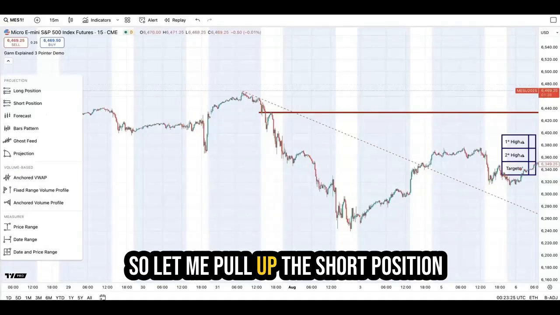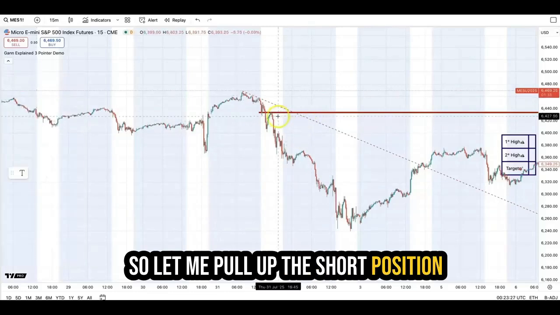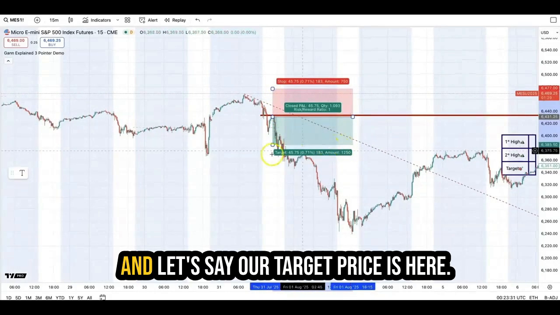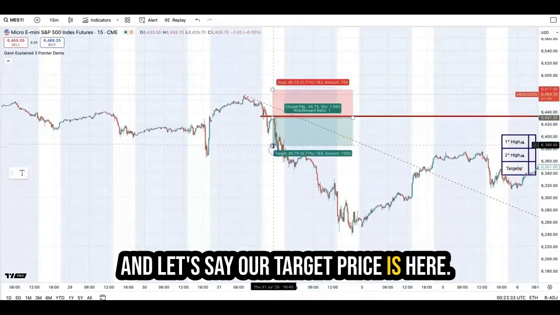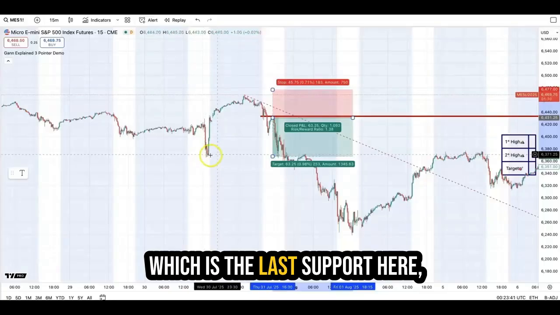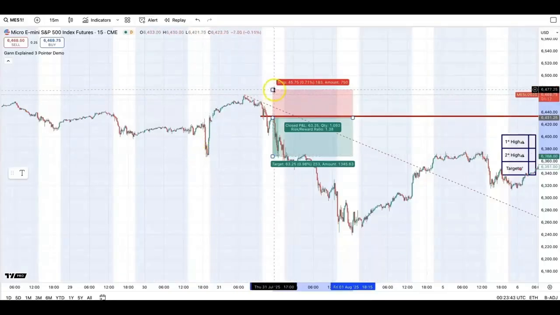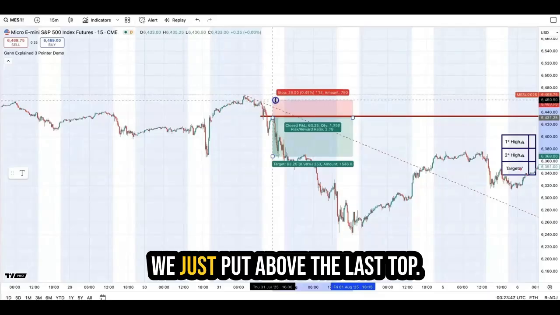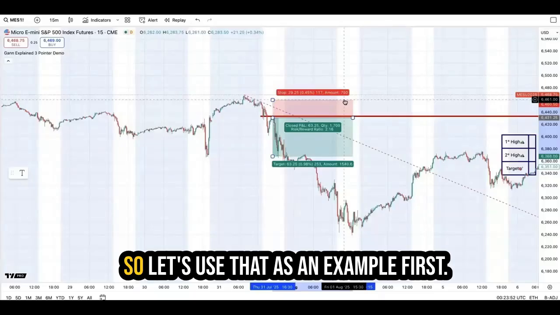So let me pull up the short position, and let's say we short sell here, and our target price is here, which is the last support. And in terms of the stop loss, we just put it above the last top. So let's use that as an example first.